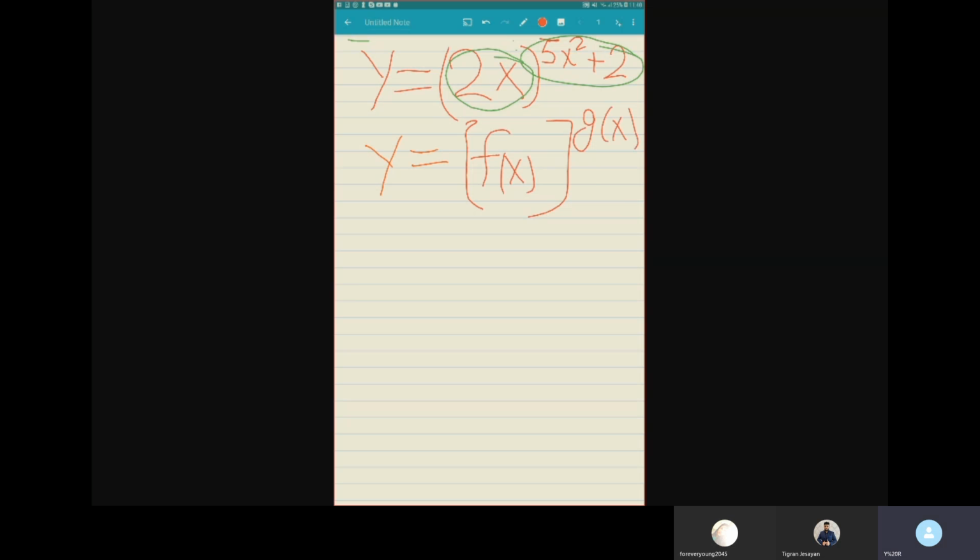We can call it whatever, u, v or f(x), g(x). CVX is using this one, so I will call the same one. Or let me in parallel also do it in u to the power v, because then we can see it very easily. So in this case, f(x) is 2x and g(x) is 5x squared plus 2.